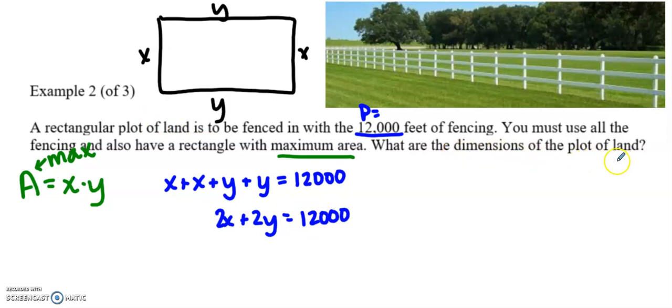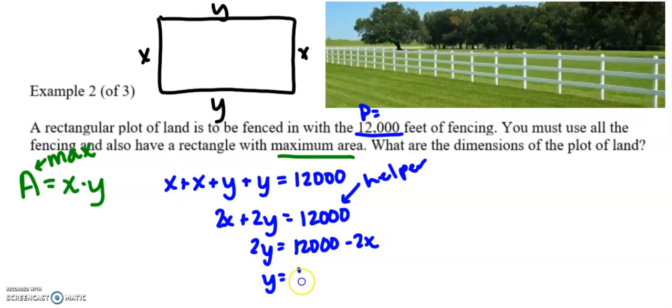My answer is supposed to be written as the dimensions of the plot of land. Well, I have my primary and I have my helper. I'm going to use my helper to get started. I'm going to, again, just solve for one of my variables. So 2y would be equal to 12,000 minus 2x, which means that y would be equal to 6,000 minus x.